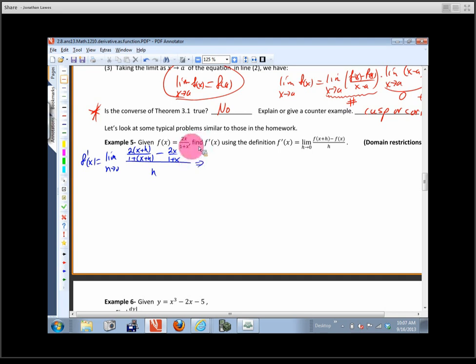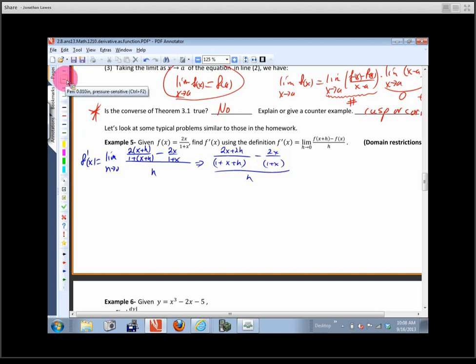Okay? Good there? Okay, so this is 2x plus 2h over 1 plus x plus h, minus 2x over 1 plus x. That is one entire factor, and that is one entire factor. There's not much I can do about that.